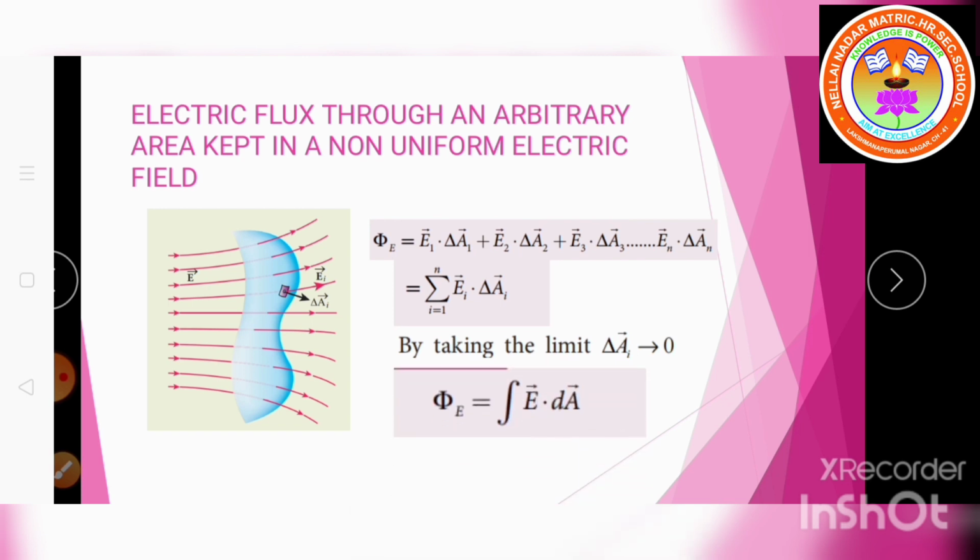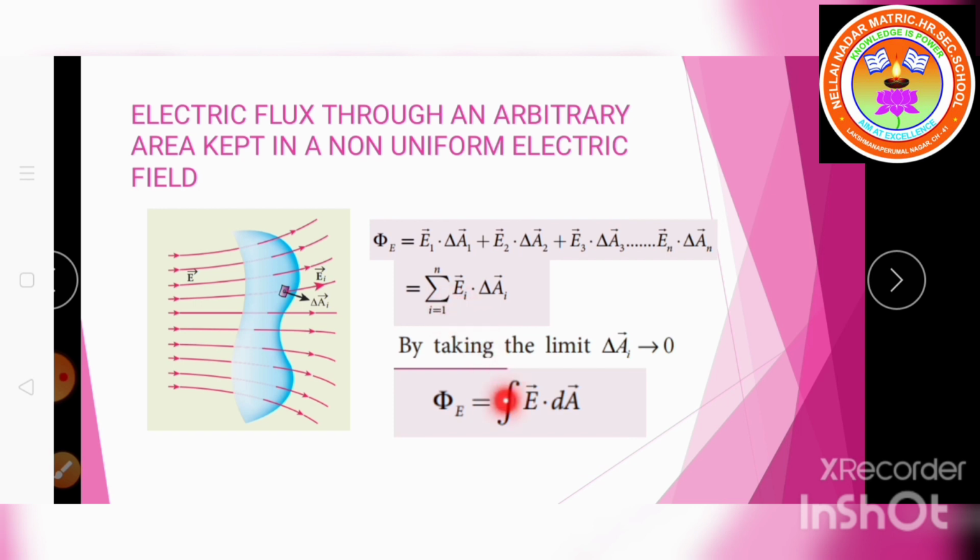If we add all these values, we will get the summation, i equals 1 to n, Ei vector dot ΔAi vector. Here, listen, the limit of ΔAi vector is taken as going to 0 for all i values. So children, instead of this summation term, we can write an integral.